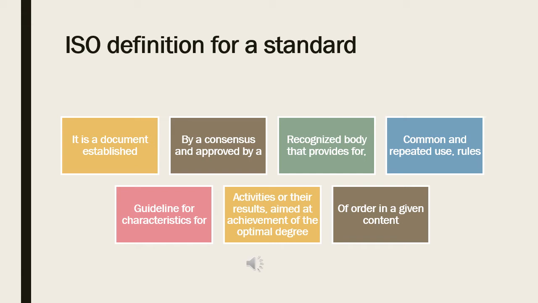A standard is a document established by consensus and approved by a recognized body that provides for common and repeated use, rules, and guidelines for characteristics, for activities or their results, aimed at achievement of the optimal degree of order in a given context.